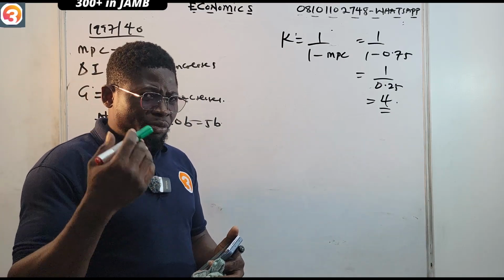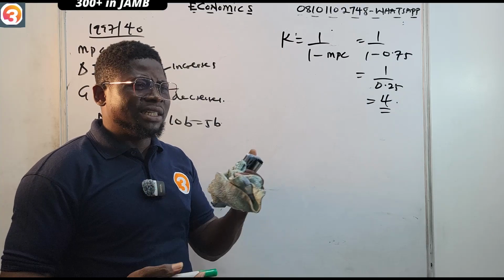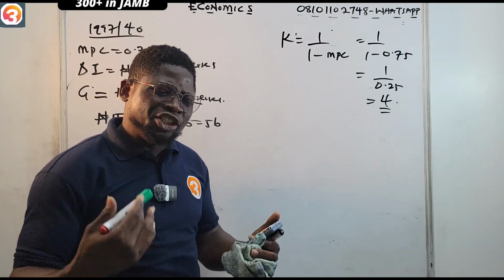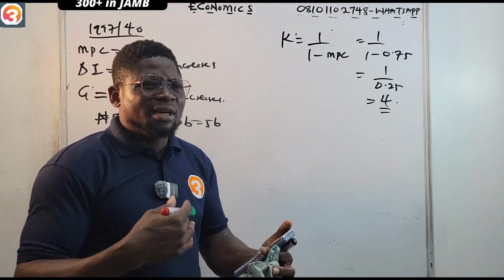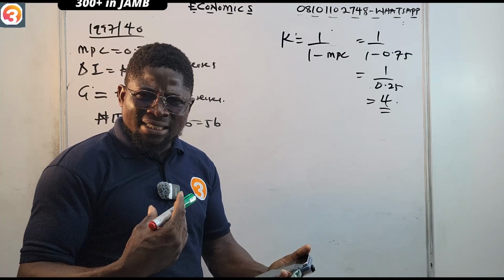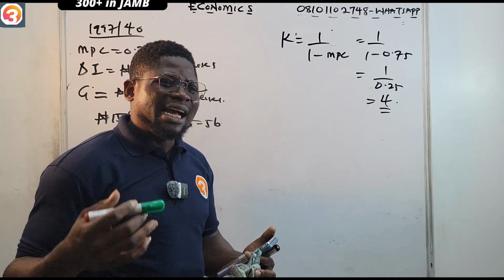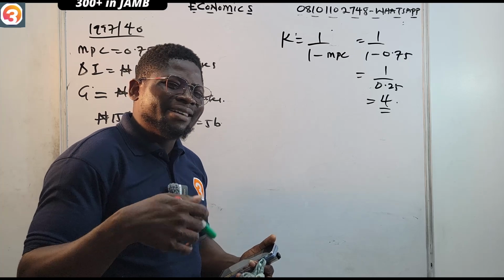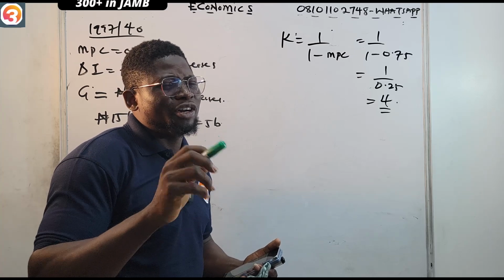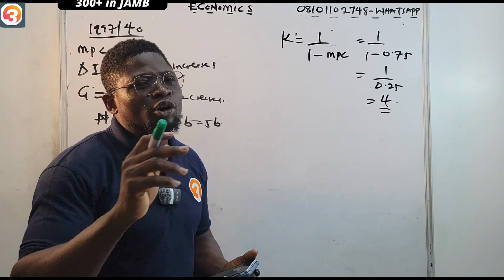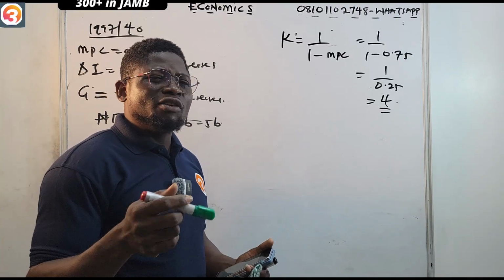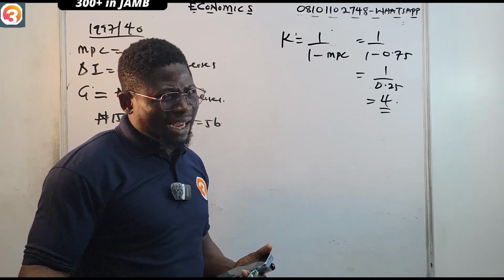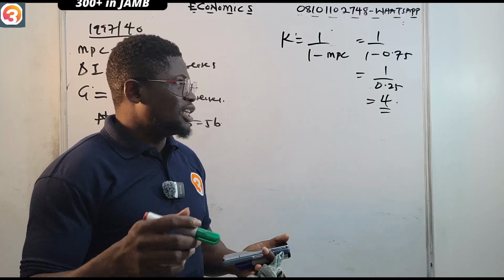Let's say they build roads, give subsidies, inject money into the economy, pay unemployment benefits, give grants, scholarships, and so on. As they are paying, there will be an increase in spending, which leads to a corresponding increase in national income and in GDP. But if government is reducing spending, it will affect the GDP negatively. That's what they want to know.